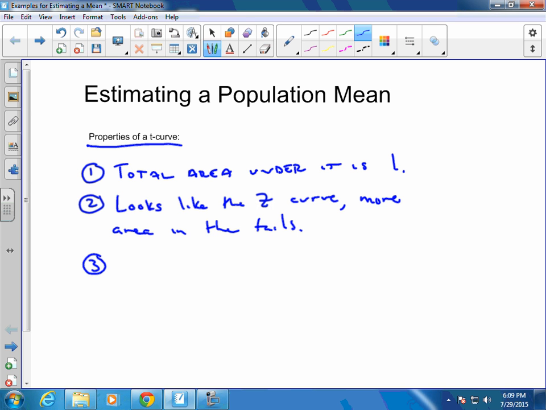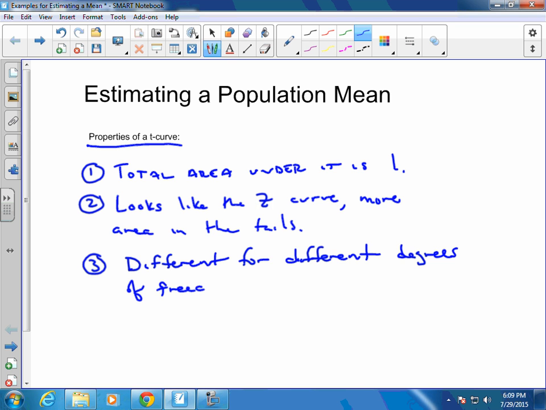What's going to be problematic is there's only one z distribution, the standard normal distribution, and any normal distribution can be converted to the standard normal by using z-scores. We can't do the same thing with t-curves. They are going to be different. Now, we could say they're different for different sample sizes, but t-curves are defined by their degrees of freedom.